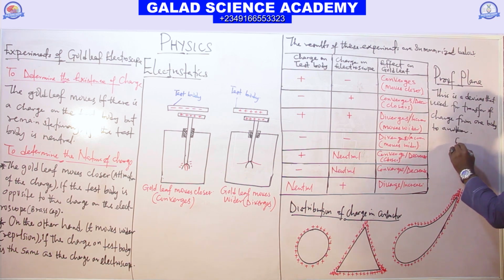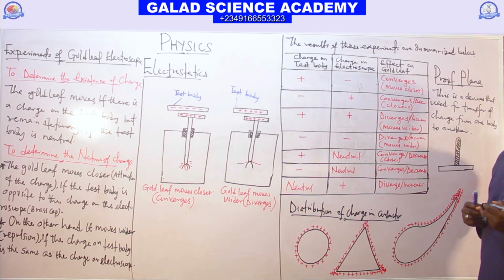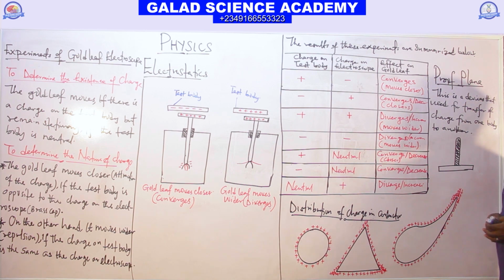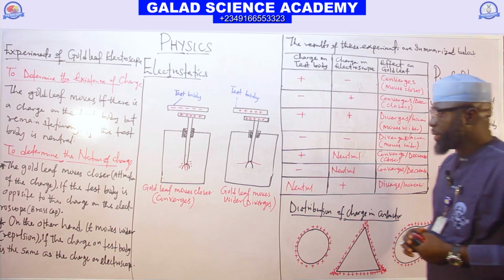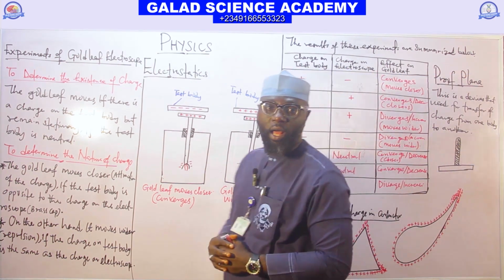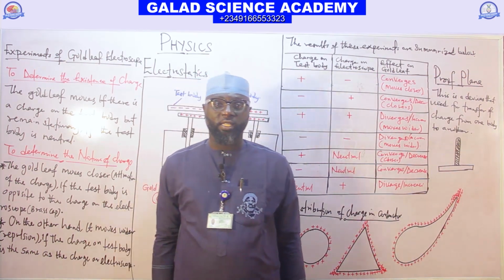And a proof plane looks like this. This part is an insulator. So if they want to transfer charge from one body to another, we will use a proof plane. So that is all about what we call electrostatics.